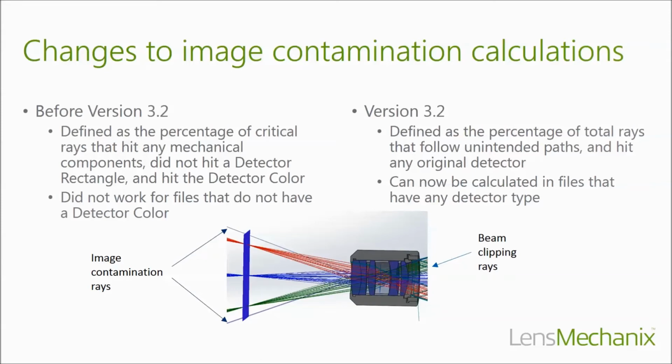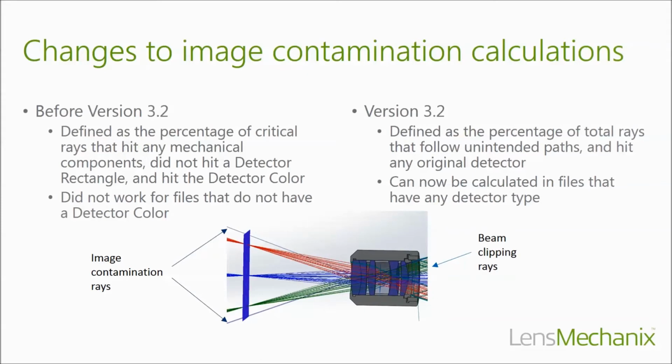And now in version 3.2, we're defining it as a percentage of total rays that follow the unintended paths and hit any original detector. A few notes on that. This is the rays coming from all sources, so if you add a custom source, that's also going to be included.